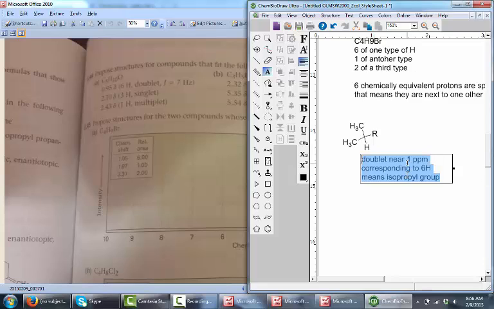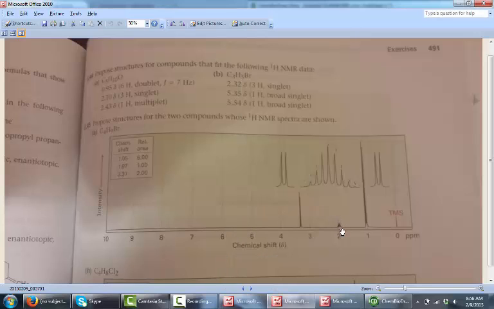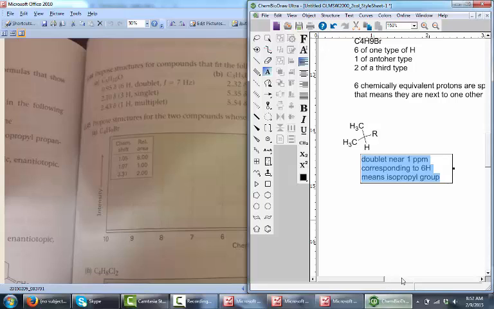Now let's see what else we can do here. Now, if I look at the signal that corresponds to 1 proton at 1.97, and here they've shown the zoom in of that region, I can count 1, 2, 3, 4, 5, 6, 7, 8, 9 signals. Okay, so that's 1 proton that's split into 9. That means this 1.97 ppm signal is 1 proton next to 8 others.